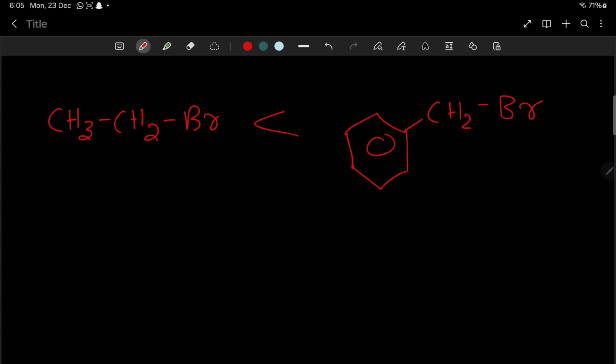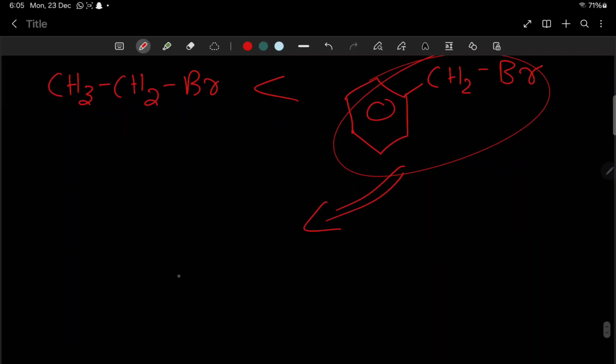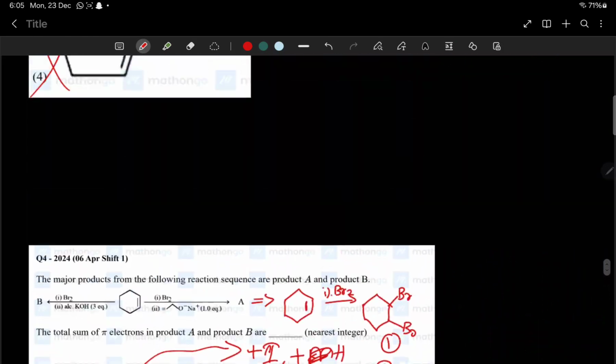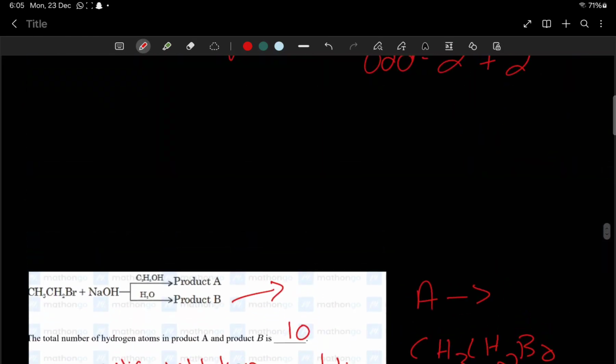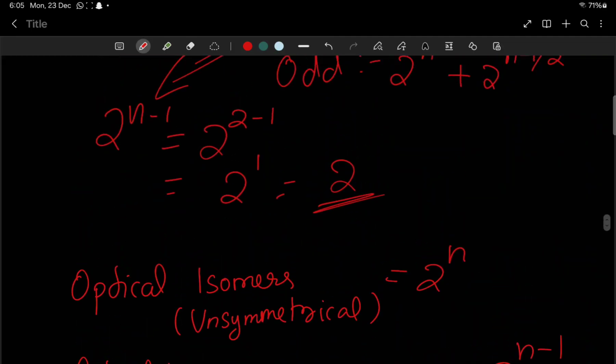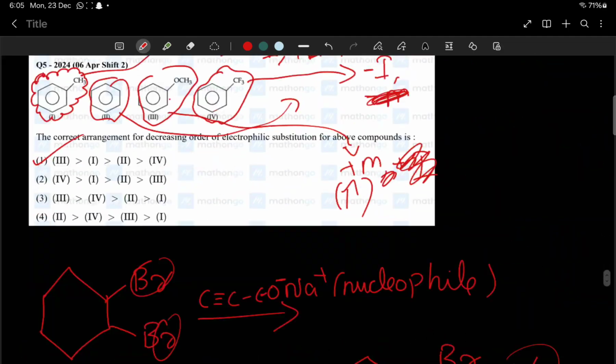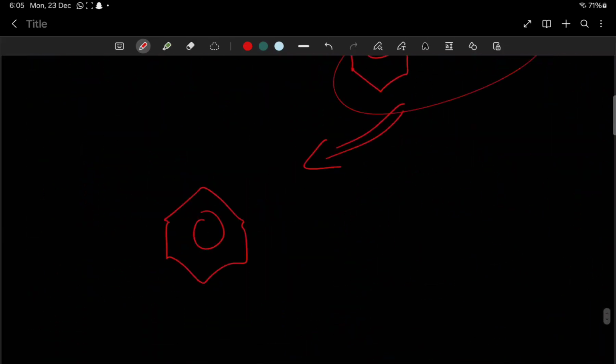The reason why this is stable is that during the transition state, there is a partial positive charge developed. Let me check the previous questions that we did on transition state. No, it's not here. We did it in the haloalkane haloarene class.